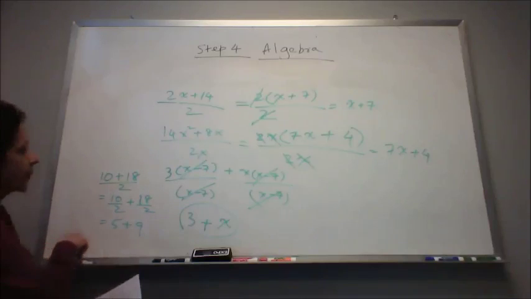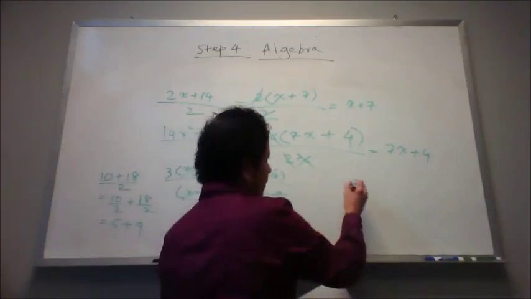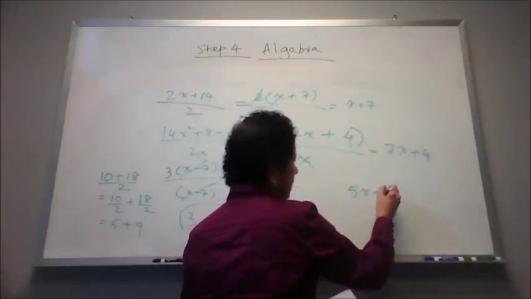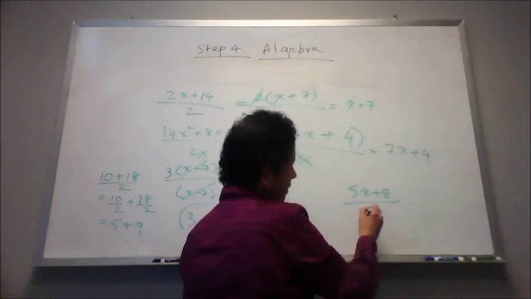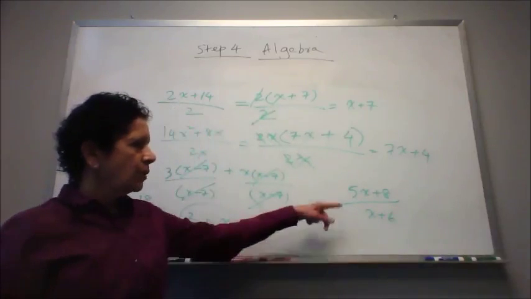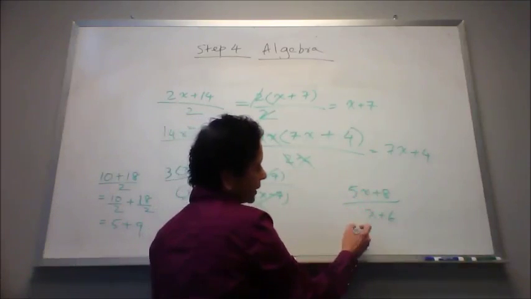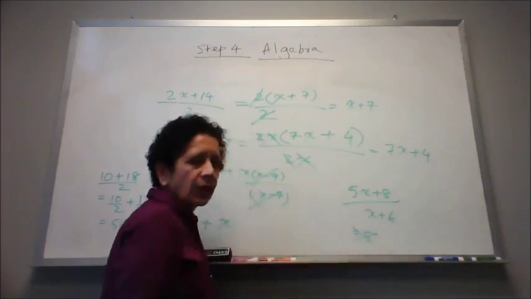So let me do one other, for example. Let's say you've got 5x plus 8, then divided by x plus 6. So here, there are no common factors, so you cannot do 5x over x equal to 5, you cannot do that.